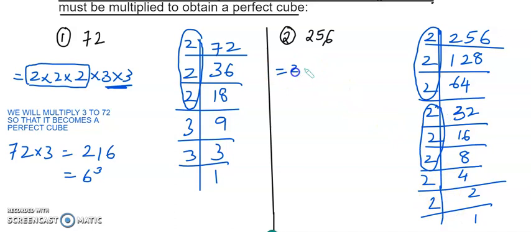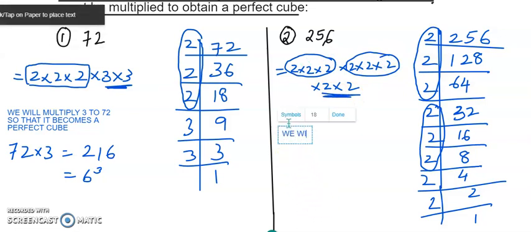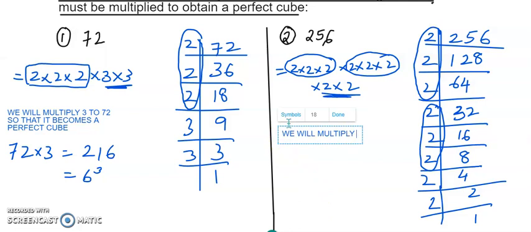So we'll say 2 multiplied by 2 multiplied by 2 and then 2 multiplied by 2 multiplied by 2 and then 2 and 2. So I have one triplet there, the second triplet there, and for this one extra 2 is missing. So we will multiply 2 to 256 so that it becomes a perfect cube, right?